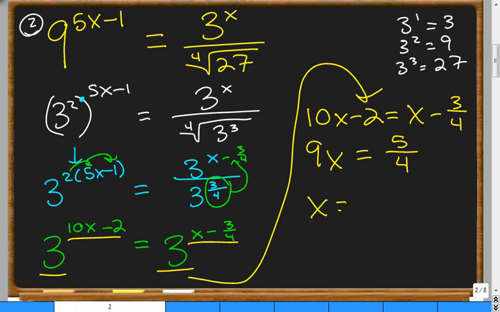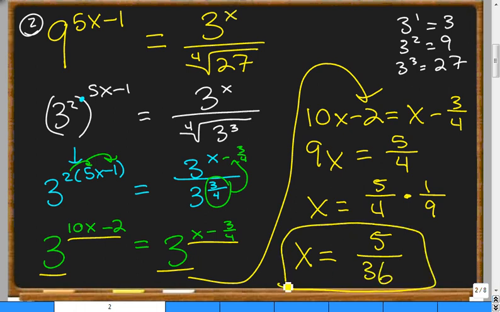So I'm going to get x to be 5/4 divided by 9. Now, 5/4 is being divided by 9. Dividing by 9 is the same thing as multiplying by 1/9. And so from here I can get 5/36. Excuse me, this is my x. So this is the solution to this problem.